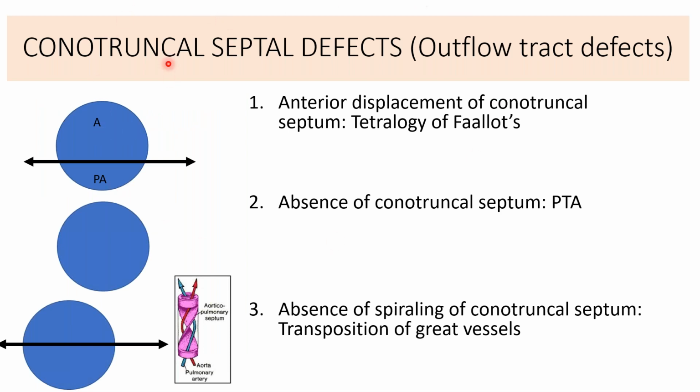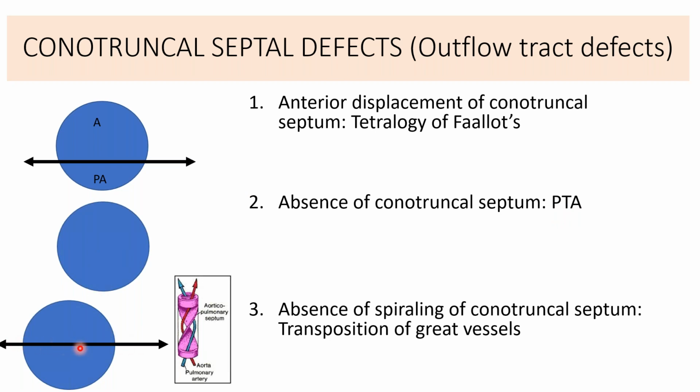Now let us summarize the conotruncal septal defects, the outflow tract defects. The first picture is showing the line of conotruncal septum. When there is anterior displacement of the conotruncal septum, this is going to lead to tetralogy of Fallot. When there is absence of conotruncal septum, this is going to lead to persistent truncus arteriosus.